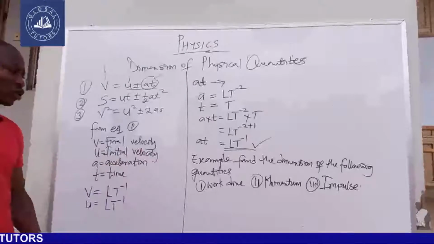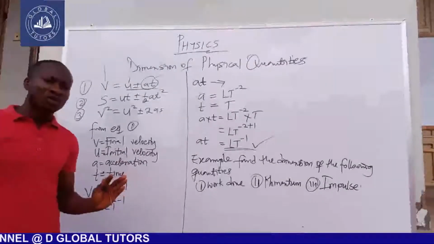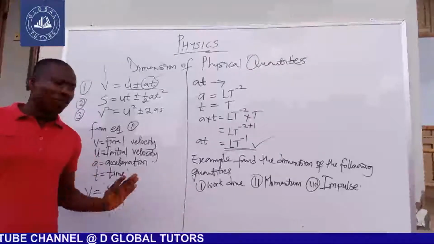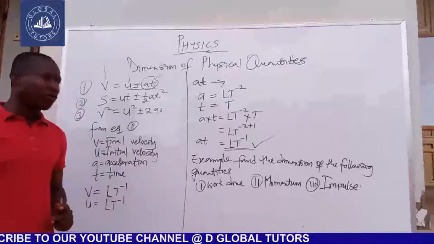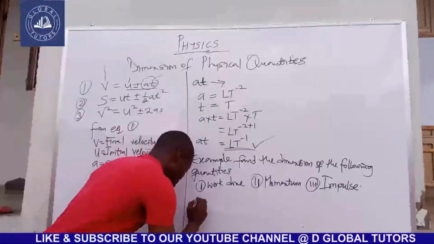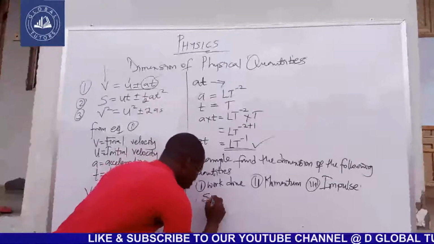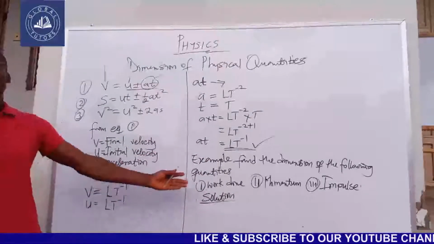How do we get the dimension of work done? First of all, I told you that you must be able to define your quantity and know the formula for the quantity. What is the formula for work done? You get the formula from the definition. Solution. What is our work done?